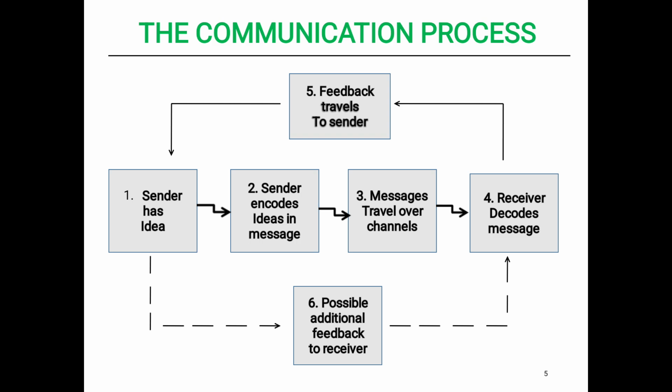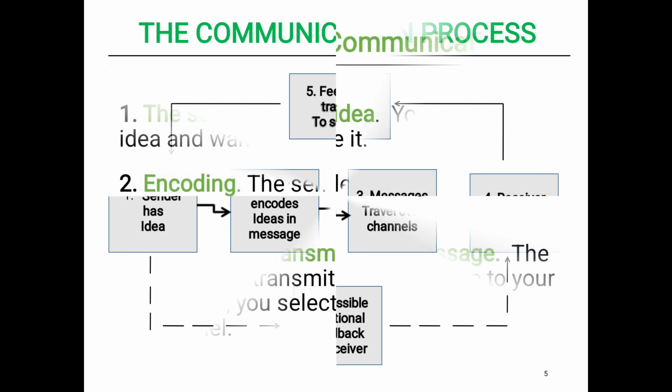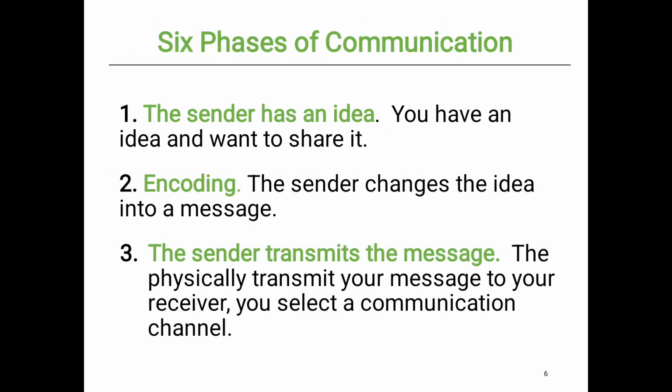So for today's lecture we have covered the definition of communication, then the process of communication. If we read one-liners of each step, people often say phases of communication instead of steps of communication, they are the same. Okay, so step one or phase one is the sender has an idea and wants to share it. Second is encoding, the sender changes the idea into a message.